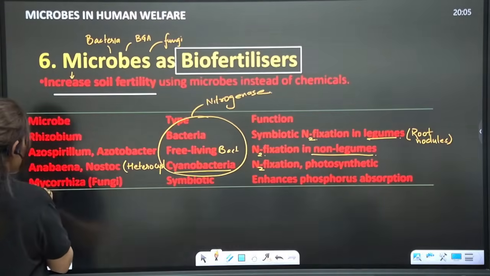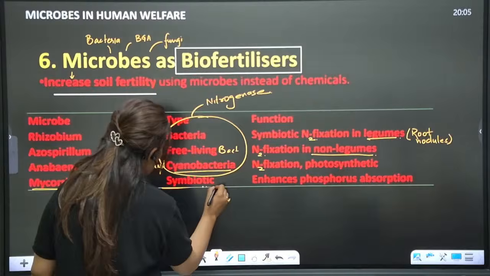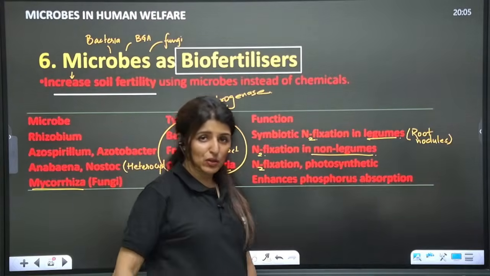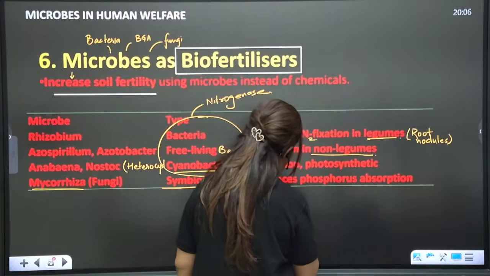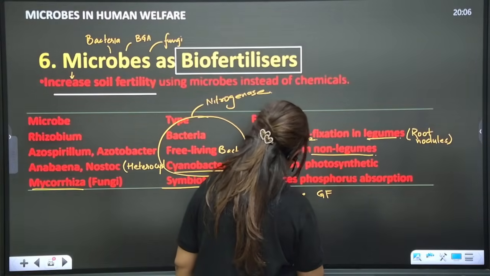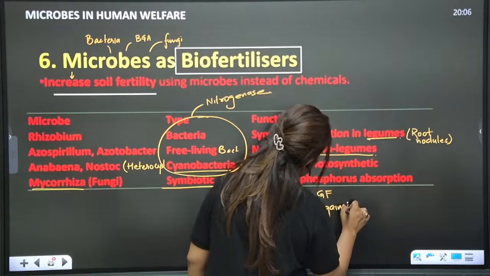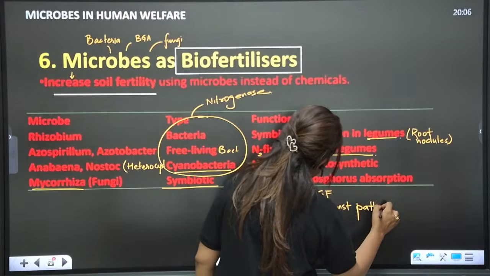And then talking about mycorrhiza, we have read about this symbiotic association of fungi. It enhances phosphorus absorption, releases some growth factors, and protects the plant against pathogens. Is that clear?